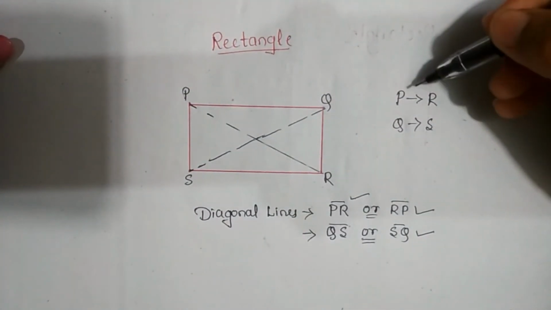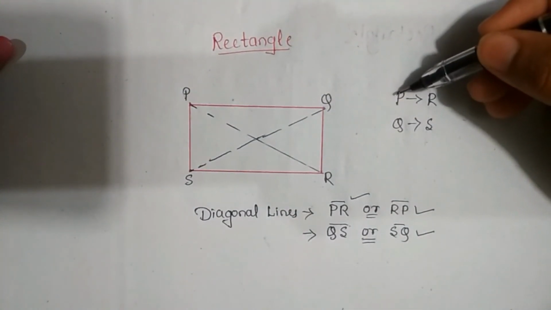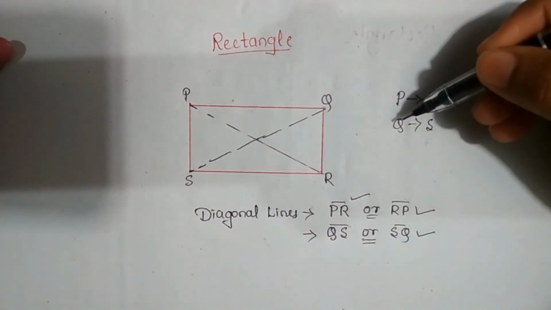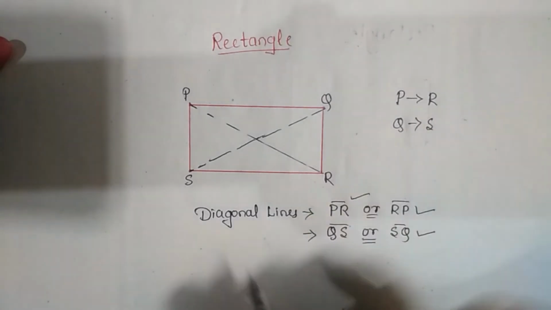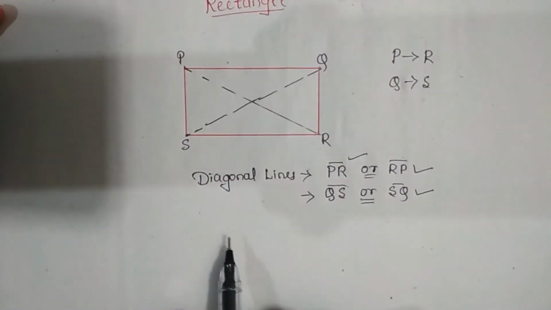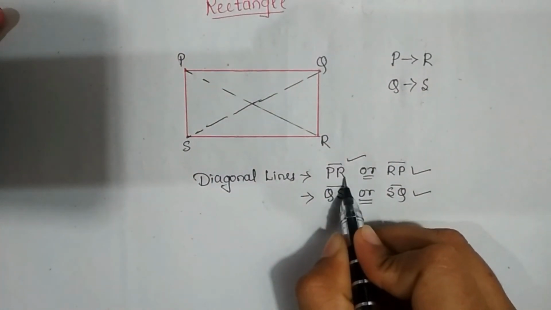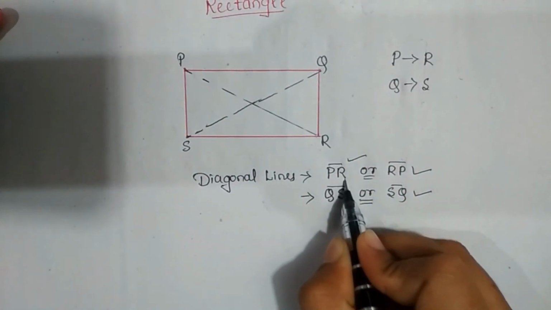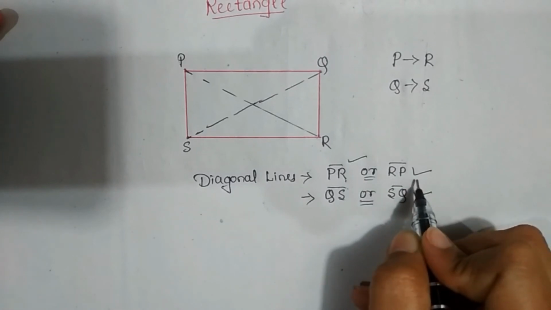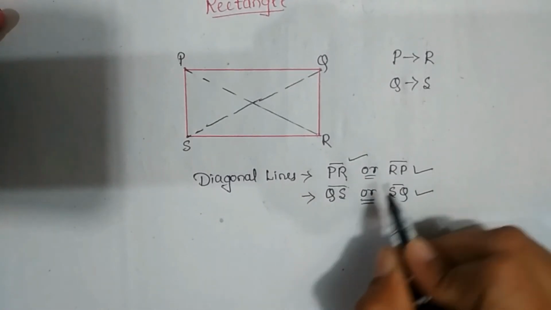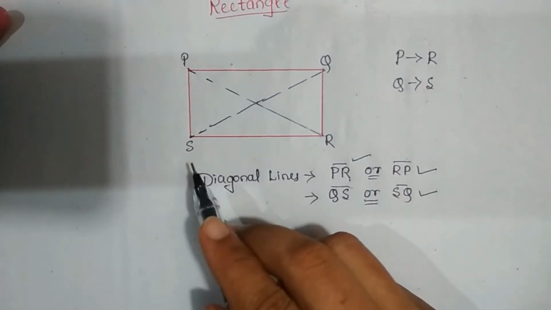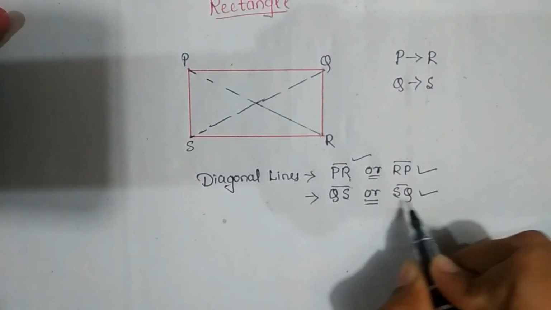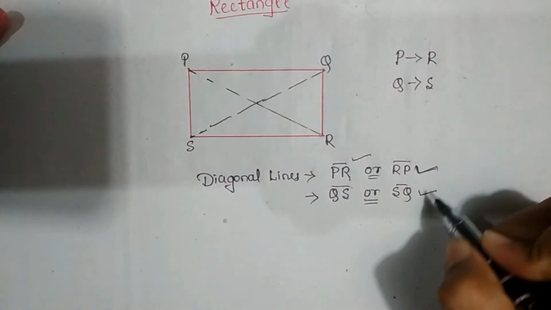As you know, the non-adjacent vertex for P is R, and for Q the non-adjacent vertex is S. The diagonal lines can be written like this: by joining P to R you get PR. You can write it as PR or RP, both answers are right. For the other diagonal, by joining S to Q you will get QS or SQ. These two answers are right.